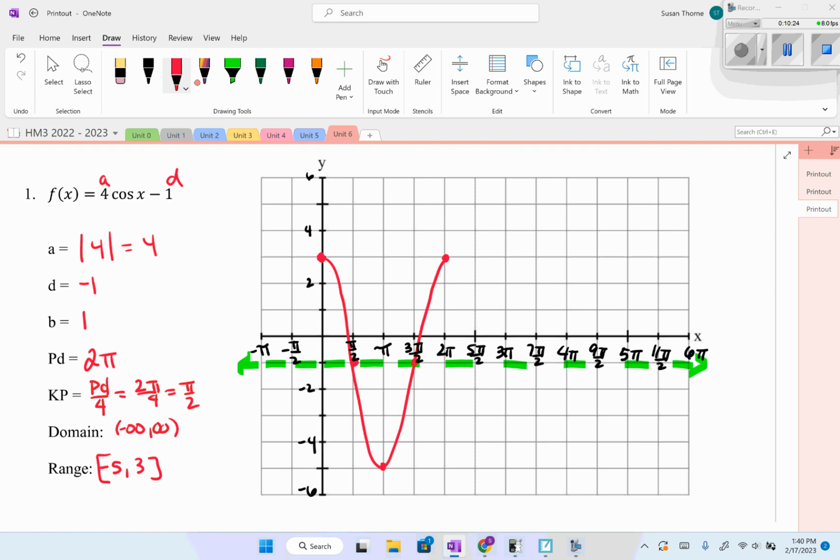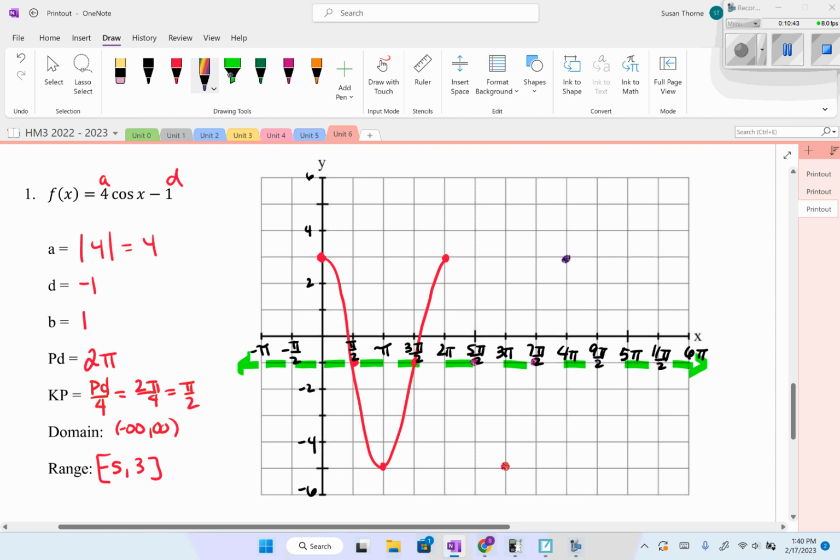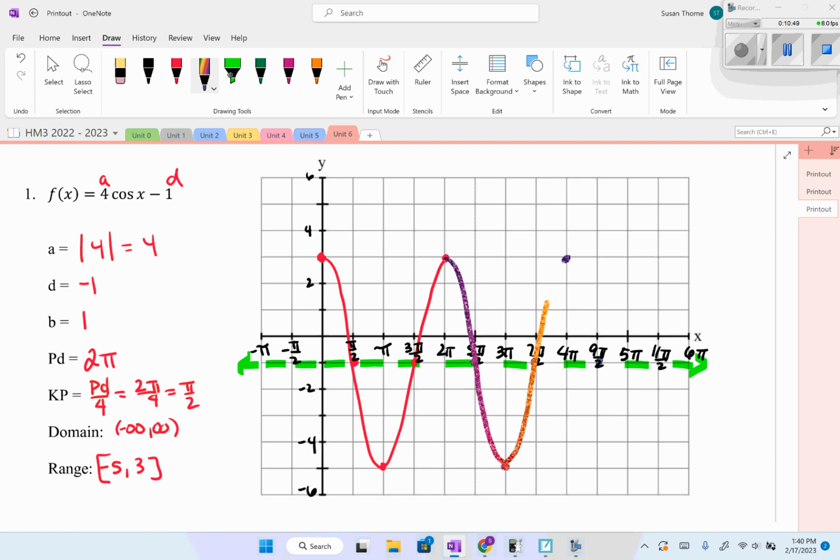So now that I have my values, I'm going to keep on repeating those for another cycle. So if we do another cycle, we're just going to go back to the midline and then 4 below, back to the midline, 4 above, and back to the midline. So that would give me a second cycle.